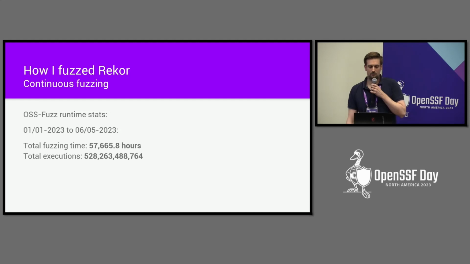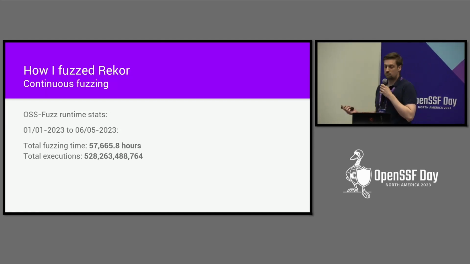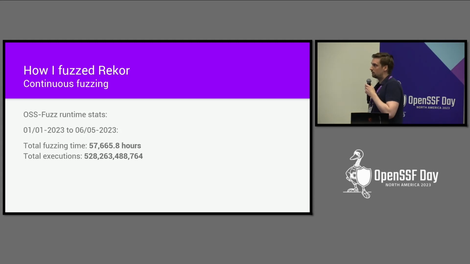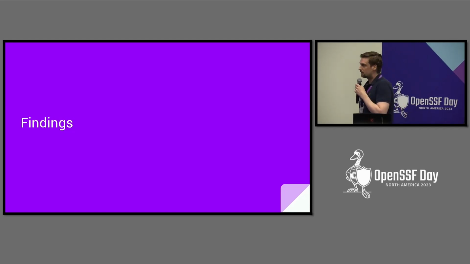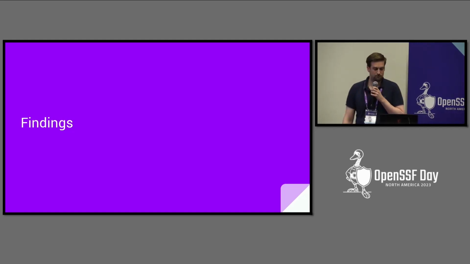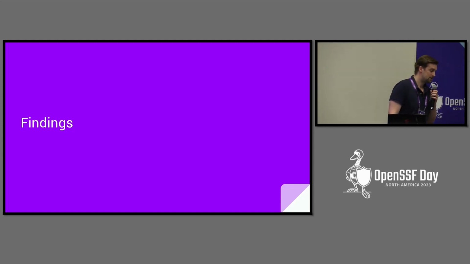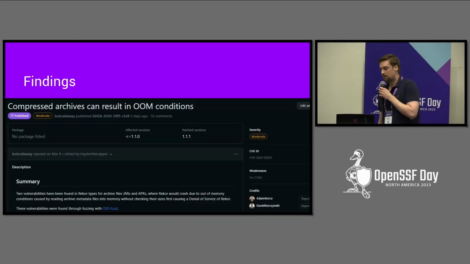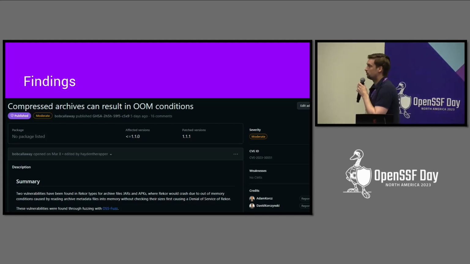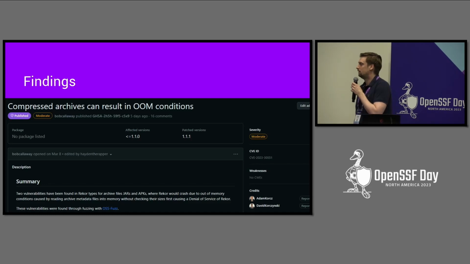And that's an extremely important piece of infrastructure when fuzzing the open source ecosystem, including Rekor. A couple of the findings that came out of fuzzing Rekor since November 2022, the most interesting was this security advisory that was released last week.